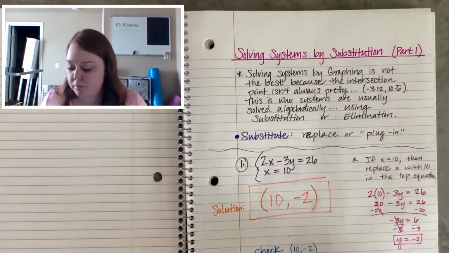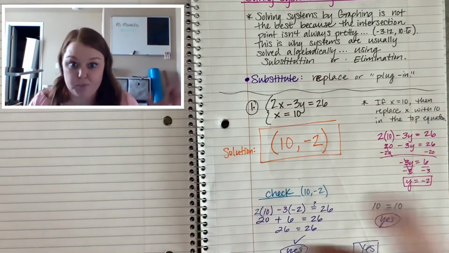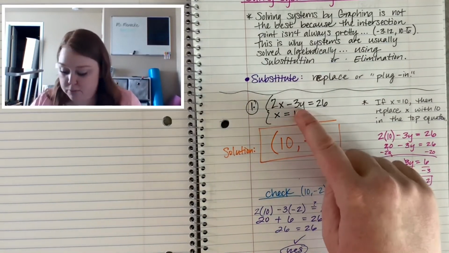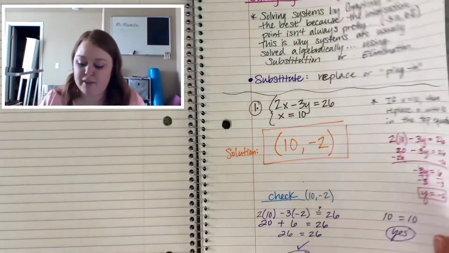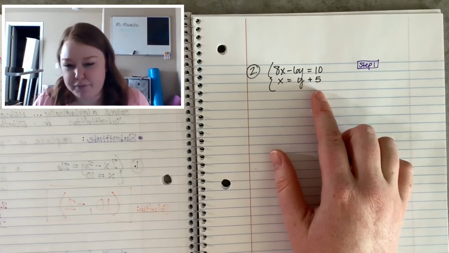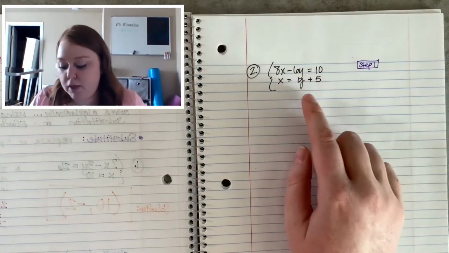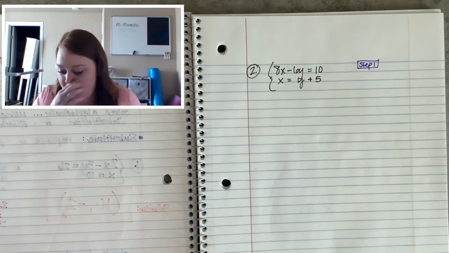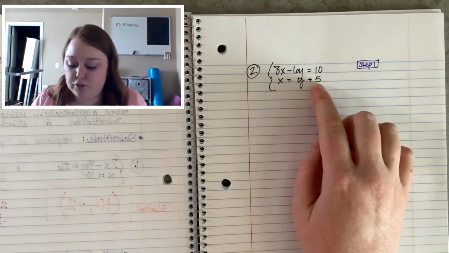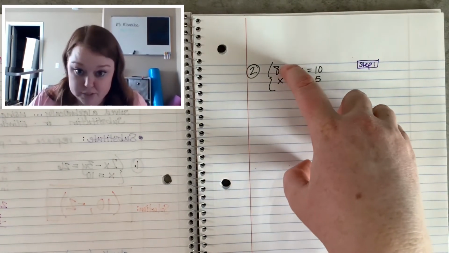In the last problem, it was really great because it was x equals and then just a number. Like we already knew what x was, right? That was already part of our answer. But right here it says x equals y plus 5. So it's not quite solved for. Like we don't know what x is at this point. But this y plus 5 is actually what you're going to replace x with in the top equation.